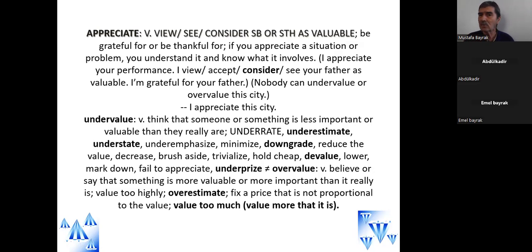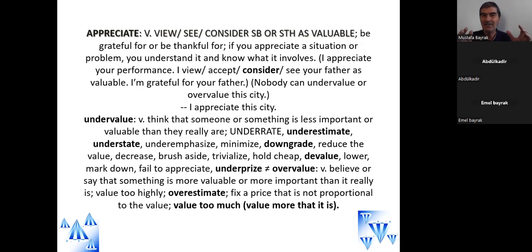Nobody can undervalue or overvalue this city, for example. We should know just the value of it. We should know what it is. Okay, without undervaluing, without overvaluing. It is enough for us.